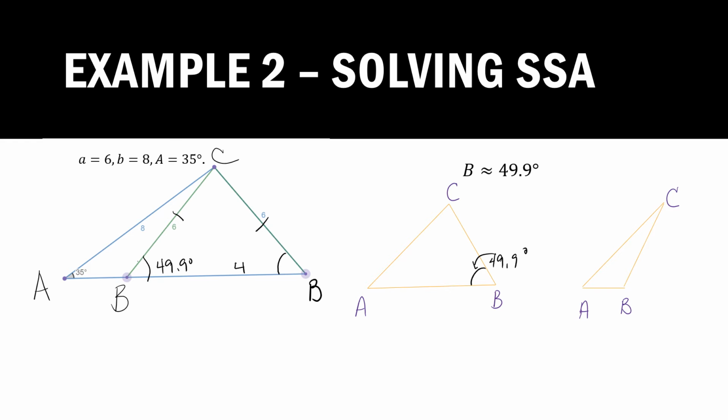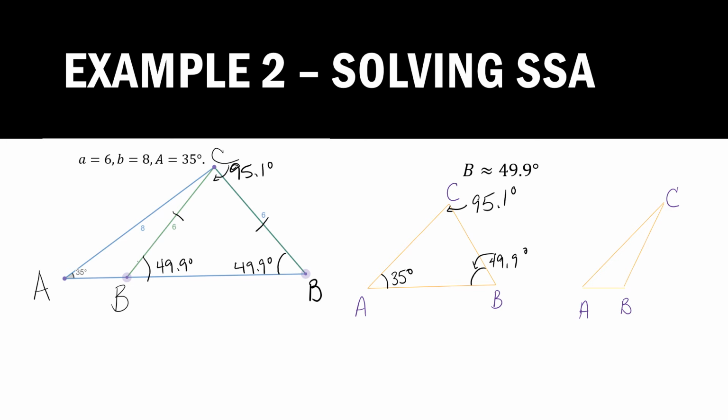With these two angles having the same measure, that leaves 95.1 for this angle up here, because this right here is 35 degrees. When I add them together and subtract from 180, that gives me 95.1.